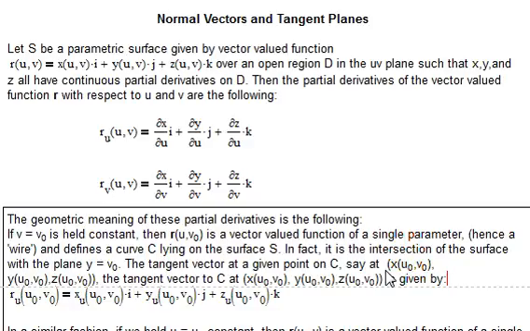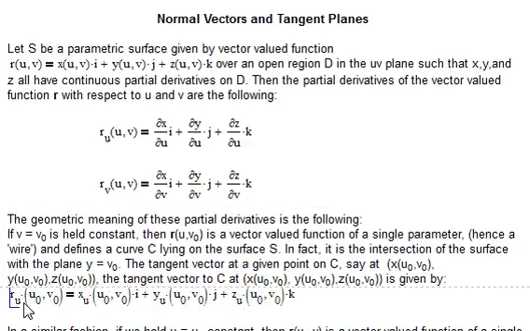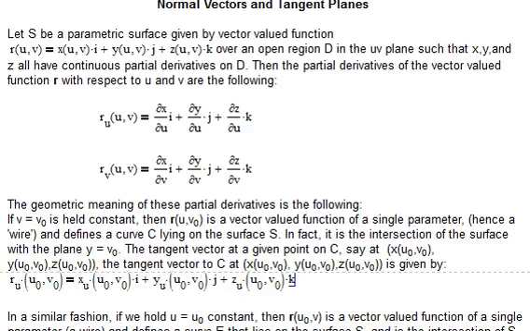In other words, I could tell you the point by giving you specific values of u0 and v0. Anyway, the tangent vector to the curve at that point would be r sub u at u0,v0, which is x sub u of u0,v0 times i, plus y sub u of u0,v0 times j, plus z sub u of u0,v0 times k.